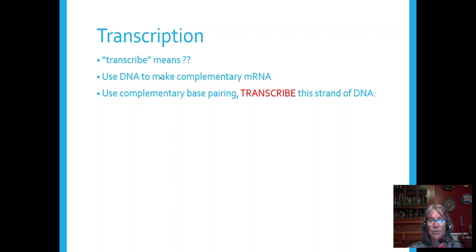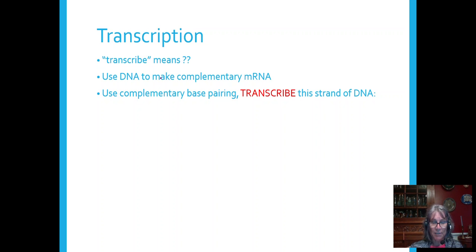In G2, in order to prepare for mitosis, I need to make my proteins and get ready to divide. So proteins that are going to organize my DNA, wrap around those histones. So I need to produce those. So that's what I'm going to use transcription and translation to make proteins.